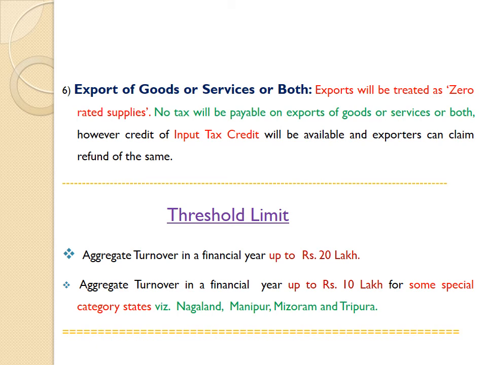Export of goods or services or both. Previously we discussed the import of goods or services. Now we are discussing export of goods or services or both. Exports will be treated as zero rated supplies. That is very important. No tax will be payable on export of goods or services or both.